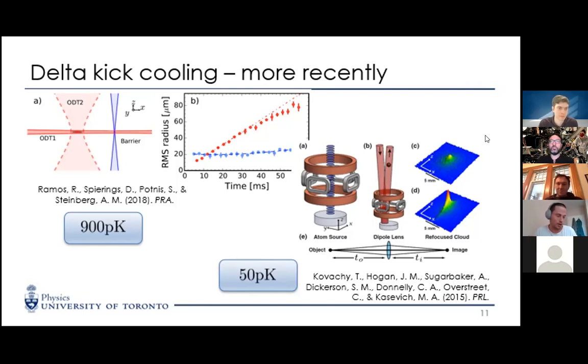So far, okay. Now you're saying during that process you accumulate a phase, and this phase you would like to cancel with a delta kick. Is that correct? That's right, and that phase is what encodes the excitations of the expanding cloud. Sure. Then here's my question: how is that related to shortcut to adiabaticity?